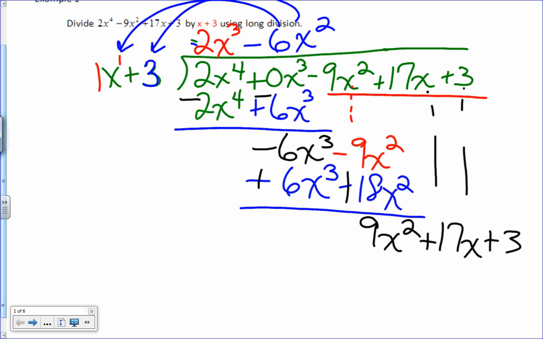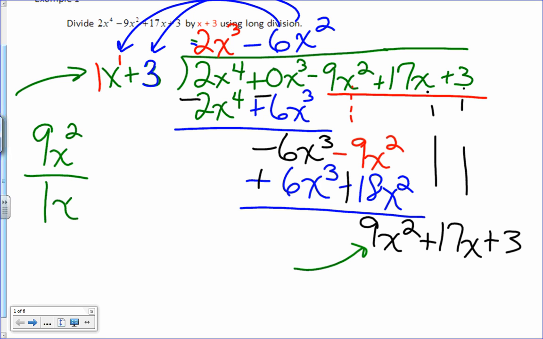And now what we're trying to divide is this, 9x squared divided by, not divided by the 2x to the third that's on top, not divided by the negative 6x squared that's on top, but divided by the 1x that we're dividing by over here. 9 divided by 1, that is most definitely 9. X squared divided by x. Well, x squared means x times x, taking one of the x's away, so it's 9x.